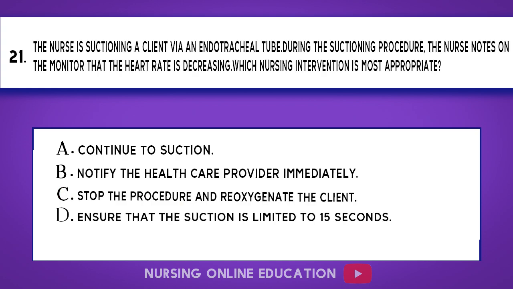21. The nurse is suctioning a client via an endotracheal tube. During the suctioning procedure, the nurse notes on the monitor that the heart rate is decreasing. Which nursing intervention is most appropriate? A. Continue to suction. B. Notify the healthcare provider immediately. C. Stop the procedure and reoxygenate the client.